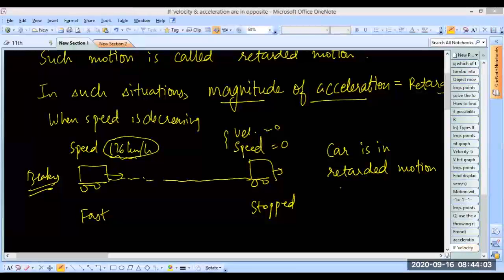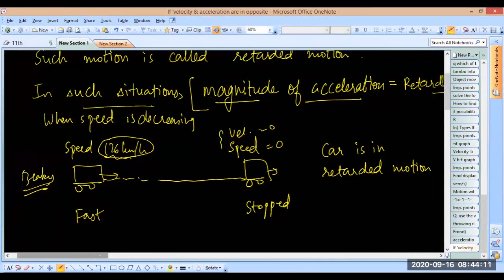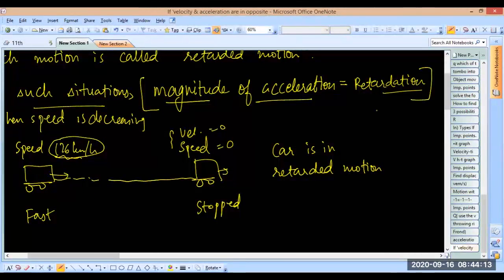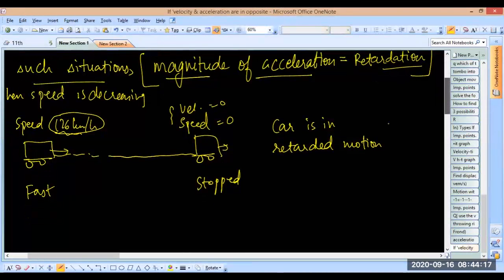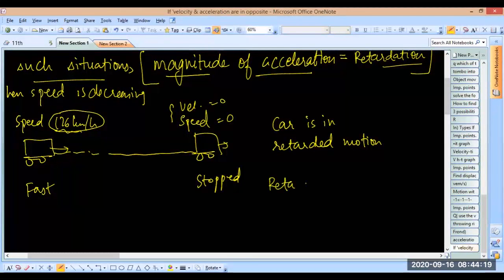Now, what is the retardation? In such situations, the magnitude of acceleration is equal to retardation. This is its only definition. So what is retardation in this question? It is the magnitude, meaning the modulus, of acceleration.